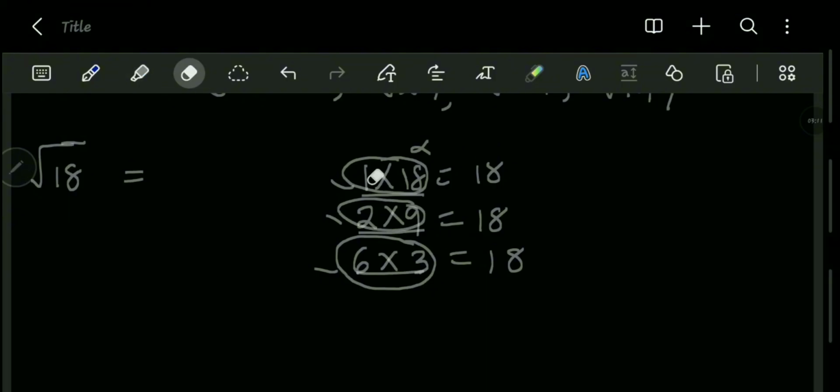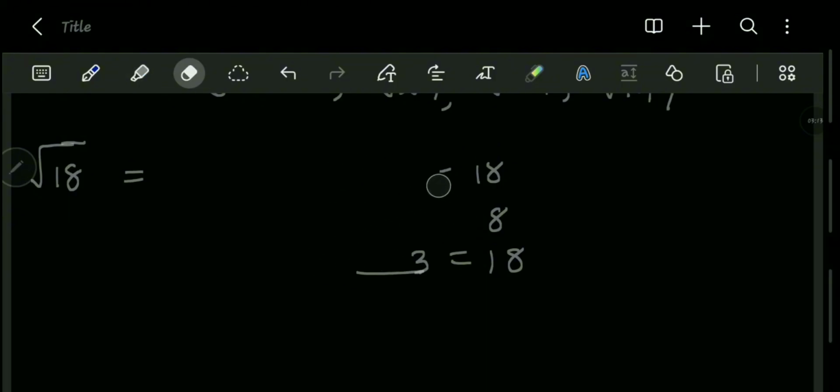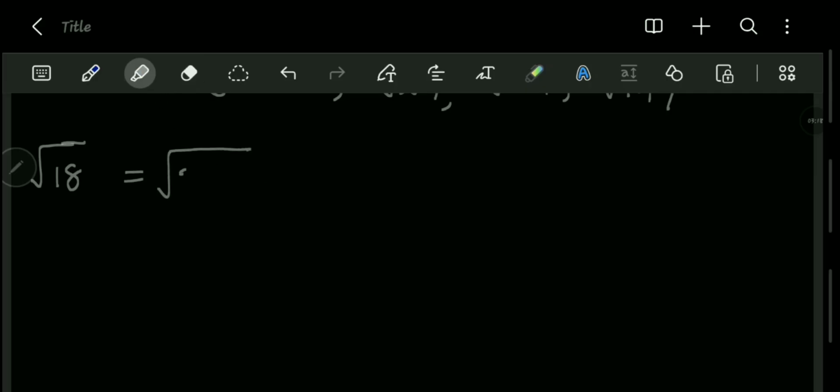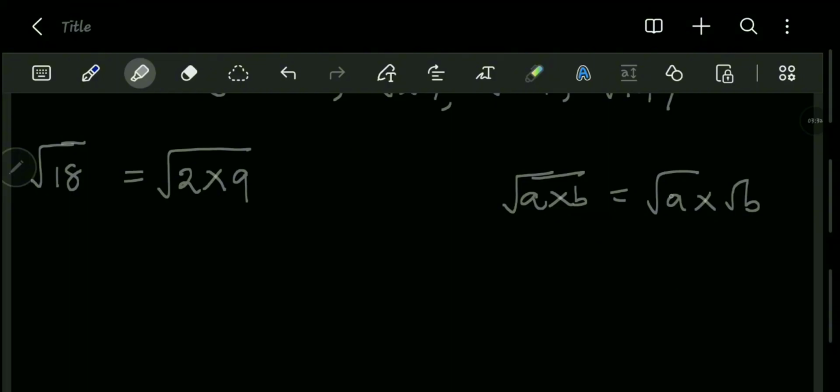So I'm going to replace that 18 with 2 times 9. So I have surd 2 times 9. And if you were with us in the first class, we said when we have surd A times B, we are free to split up the surd. So we have surd A times surd B, if the sign is a multiplication sign.